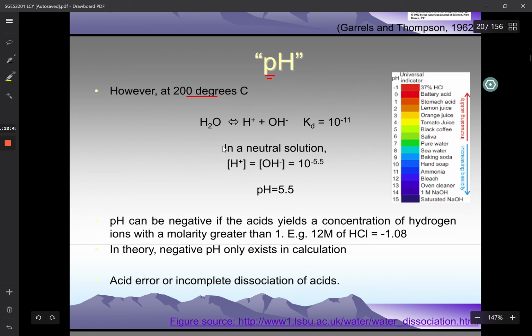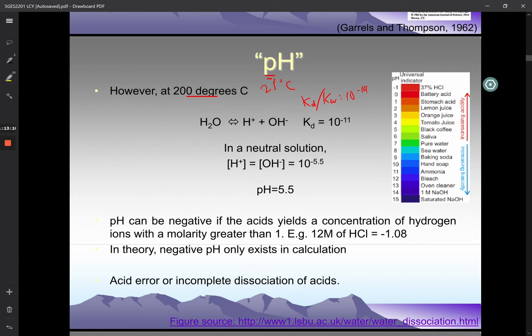If you still remember, for pure water at 25 degrees Celsius, the Kw is 10 to the power of negative 14.